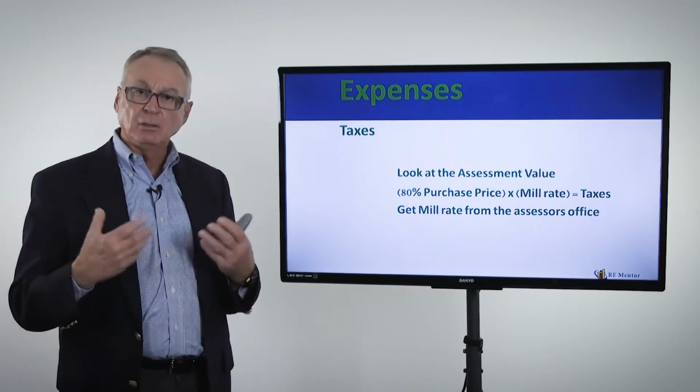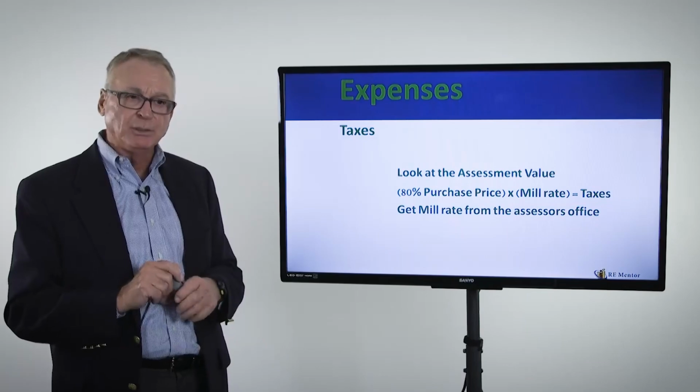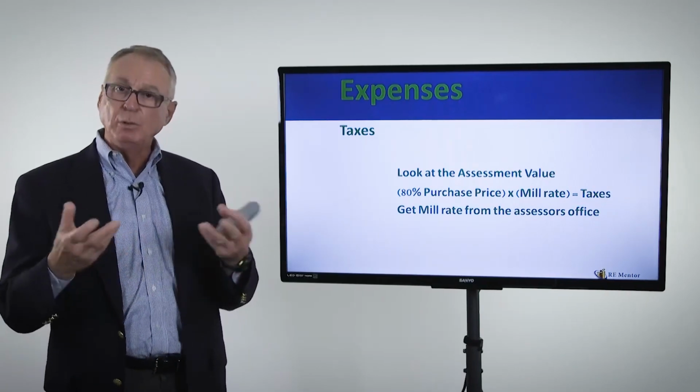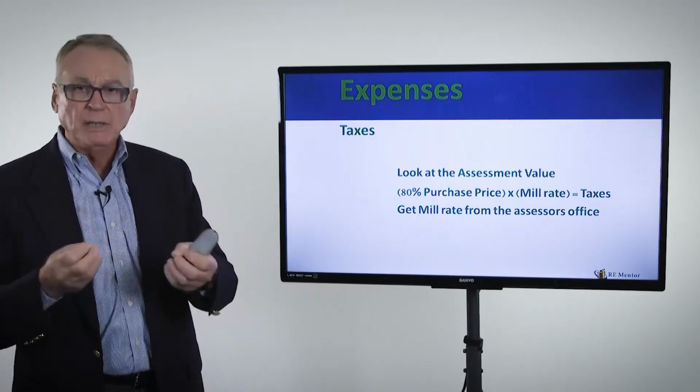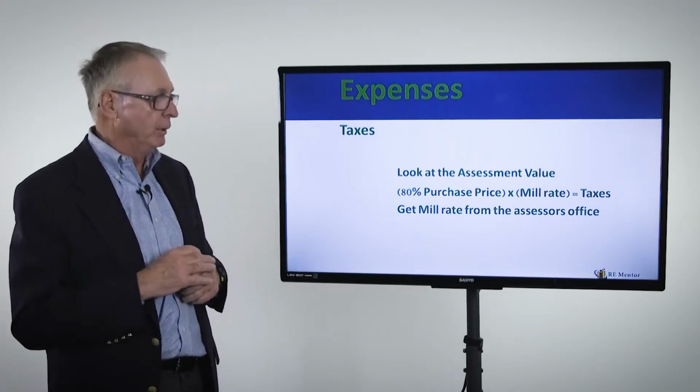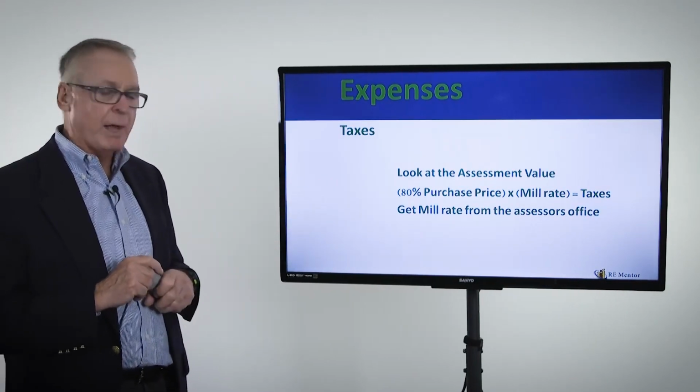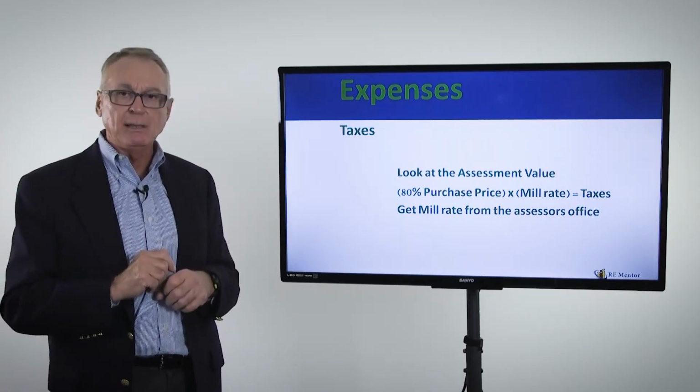Many states are what's called a point of sale state, which means that at the point of sale, when you buy the property, the new taxes immediately begin to accumulate. It's important for you to know that number because the lender is going to calculate that out.